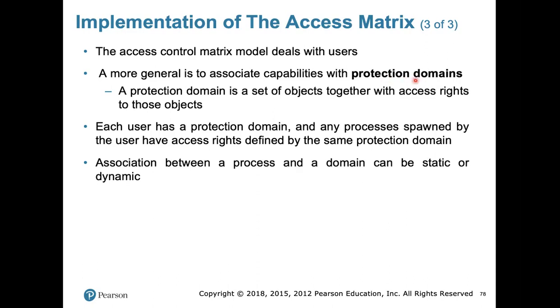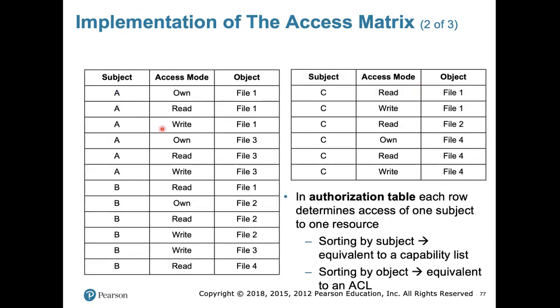And of course, it's clear that it's an extension of this idea. You don't want to put a row for each specific subject and each specific object. No, you couple the objects together.